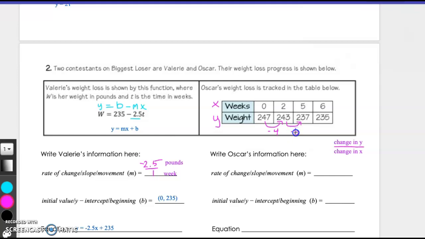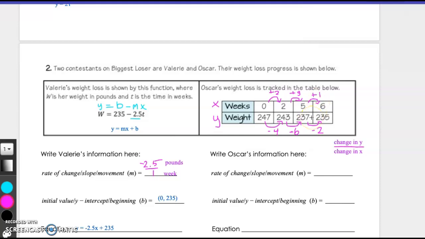This is kind of weird, but let's just keep going with it. 237 to 235, that's minus 2. This is really weird. Let's look at our change in x's. We're going from 0 to 2, so that's plus 2. From 2 to 5, that's plus 3, so these are also changing. And then from 5 to 6, that's plus 1.